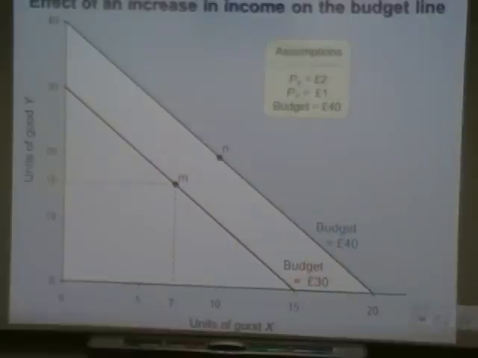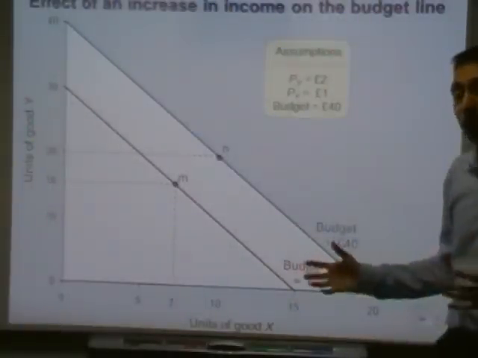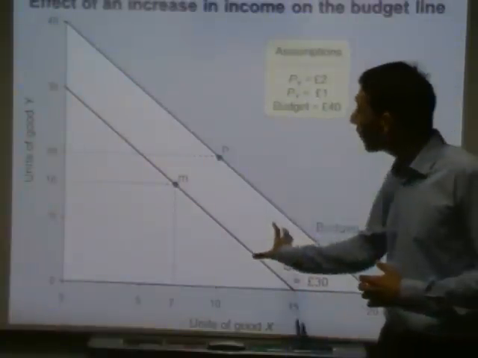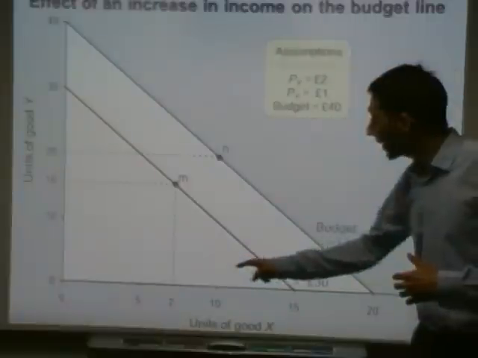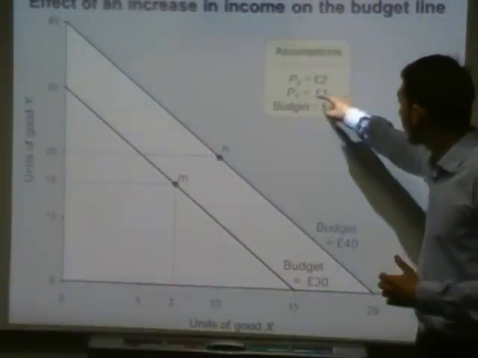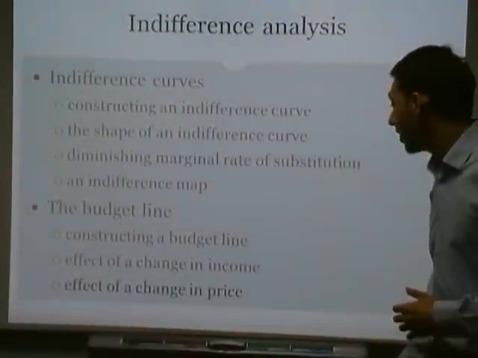Whereas if you have N, which is on the new budget line where you can spend 40 pounds, then 20 units of Y, and if you buy 20 units of Y, you spend 20 pounds and you are left with 20 more pounds, so you can buy 10 more units of good X, because the price of X is 2 pounds. So that's your new point, and that's how your new budget lines work.